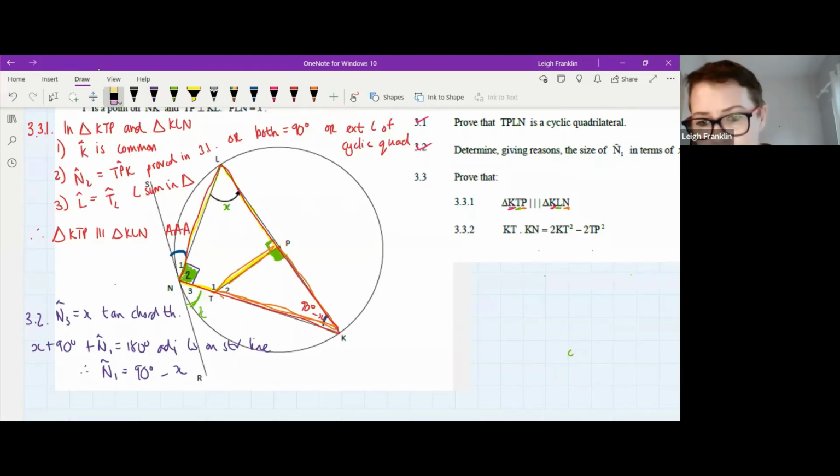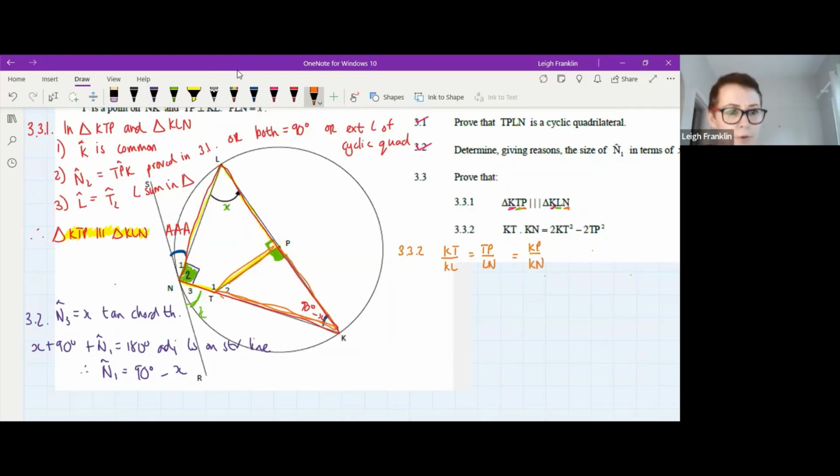So now, as a result of proving that these triangles are similar, from this over here that I'm highlighting in yellow, we will now conclude that KT over KL is equal to TP over LN is equal to KP over KN.